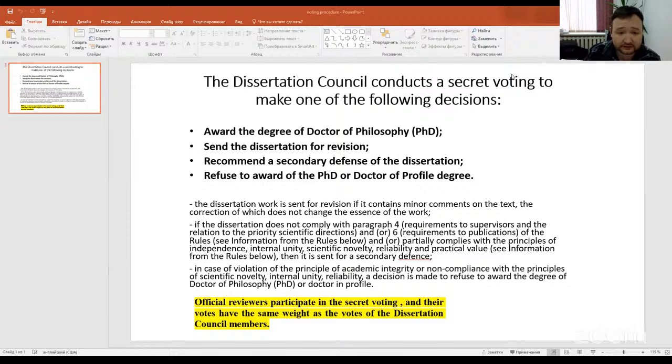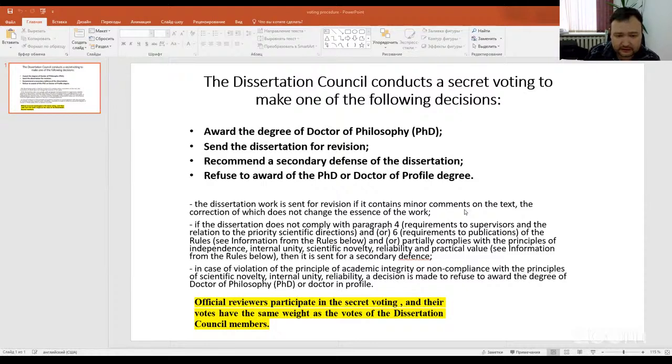You can see here the dissertation work is sent for revision if it contains minor comments on the text and so on. And we recommend a secondary defense in case the dissertation does not fully meet some requirements but follows most academic rules. So we can recommend a secondary defense of the dissertation.